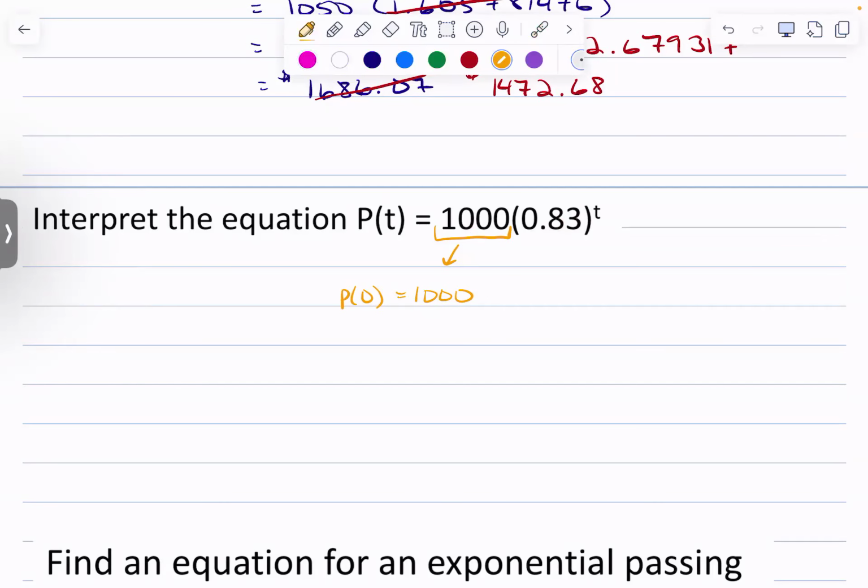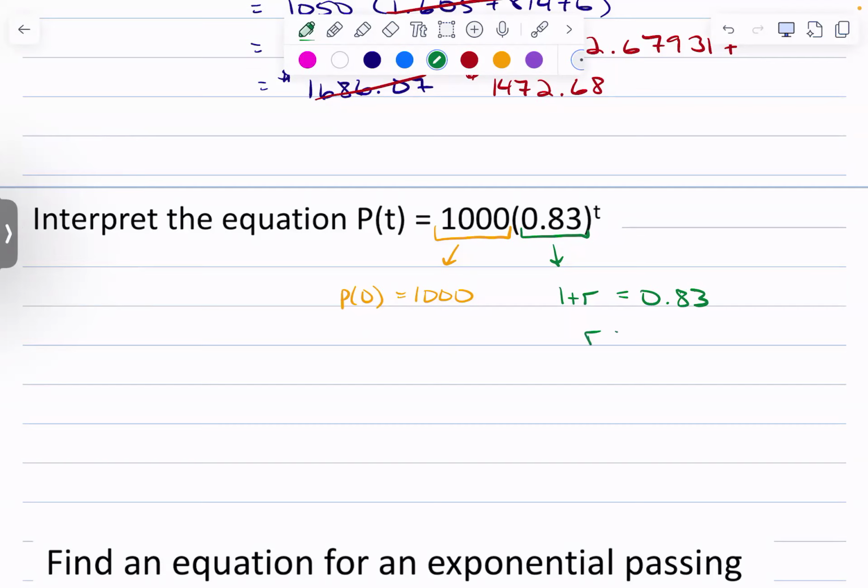Now this 0.83, though, is 1 plus r, if you want to translate it. Right, or if you remember, if b is between 0 and 1, then it's decay, but just to emphasize that that's the case, right, then we know that 1 plus r is 0.83, right?